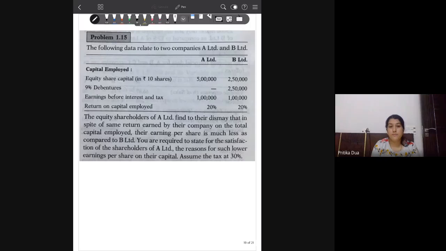So first step is to calculate the EPS for firm A and for firm B. And then we can give the reasons as to why, in spite of the same return on capital employed, both the equity shareholders are getting a different earning per share. So you start with EBIT and you need to reach the EPS of the firm.